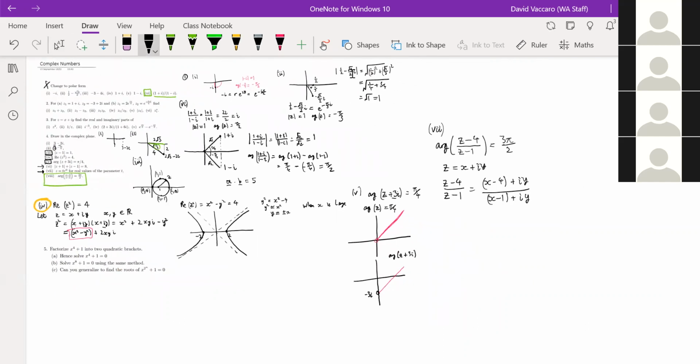And we know how to divide complex numbers. We multiply top and bottom by the complex conjugate of the denominator. So the denominator is x minus 1 plus iy. The complex conjugate is x minus 1 minus iy.